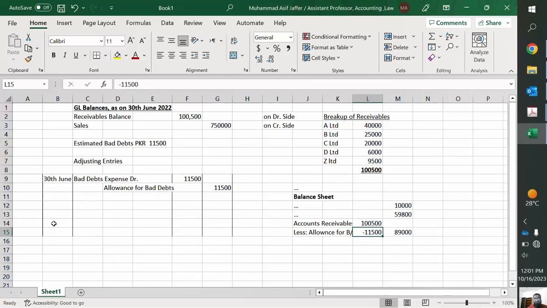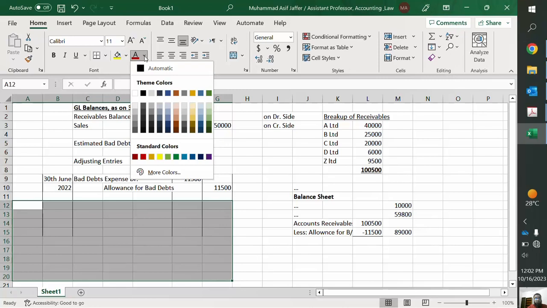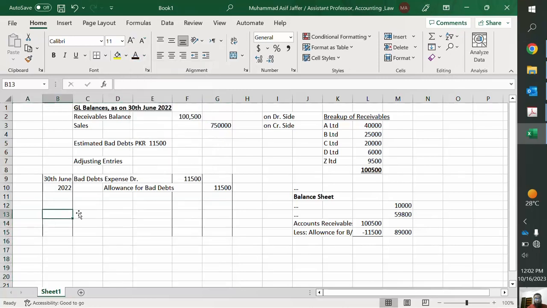Now what happens? Let's say in the next year, on 9th September, this was 2022 and now it's the next year. We came to know that this customer D is actually not paying.